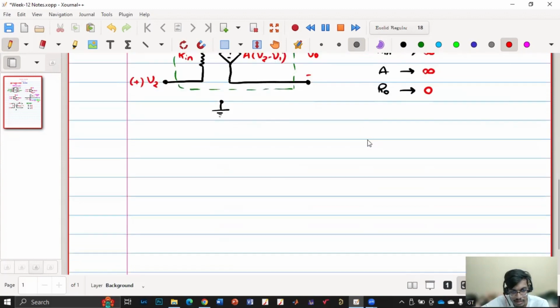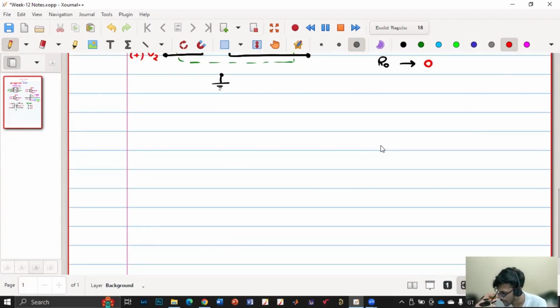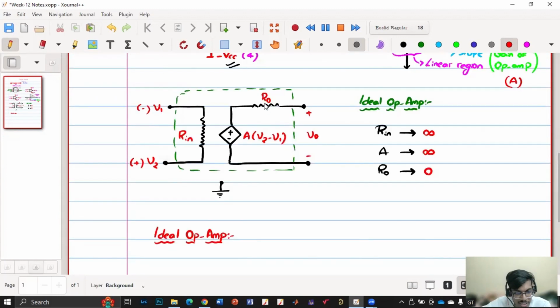Now if I make this A infinite, it becomes vertical, isn't it? So now I am considering an ideal op amp. Here, say R naught is 0. Then what is my V naught? V naught is A into V2 minus V1, right?